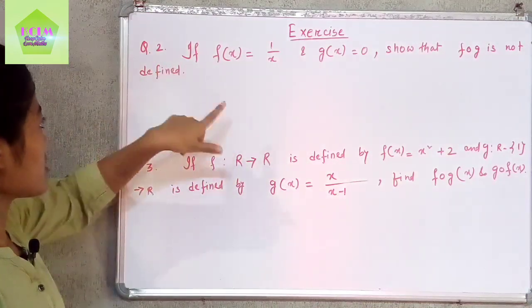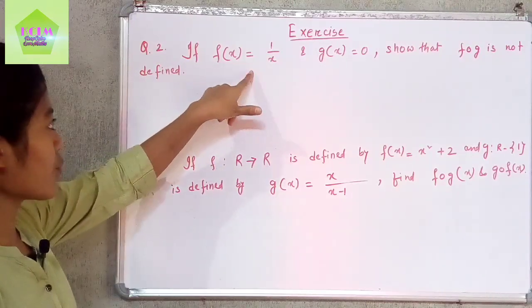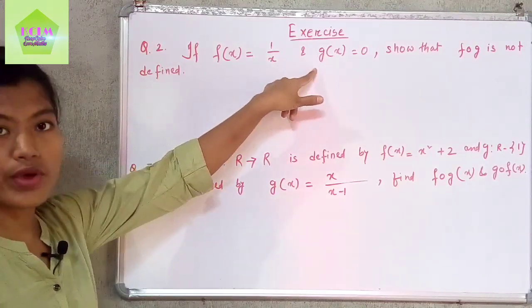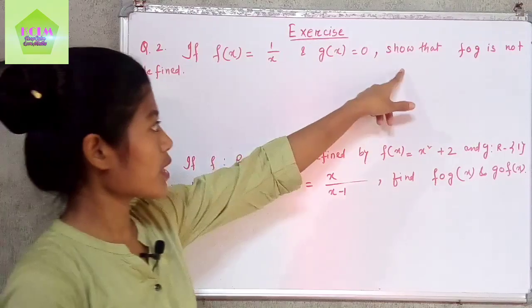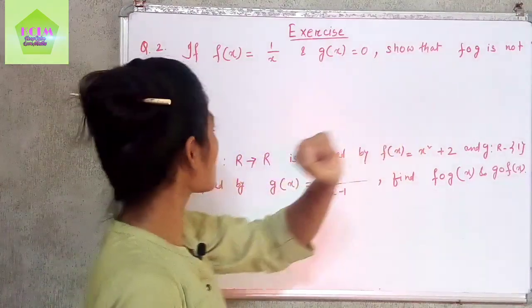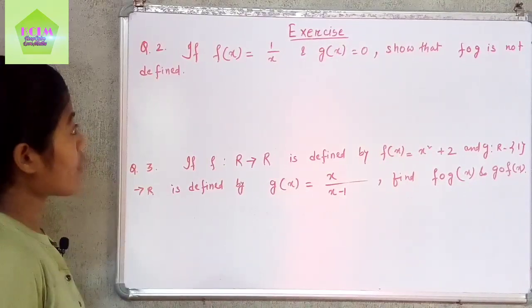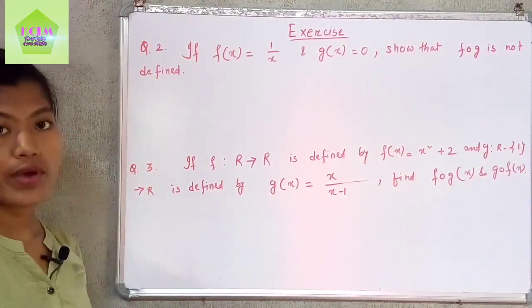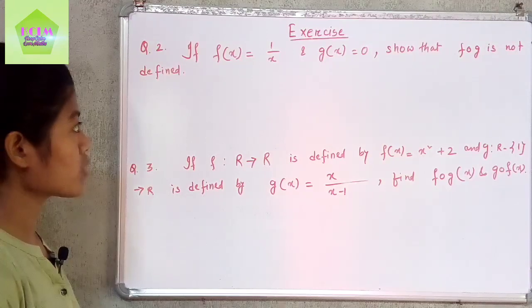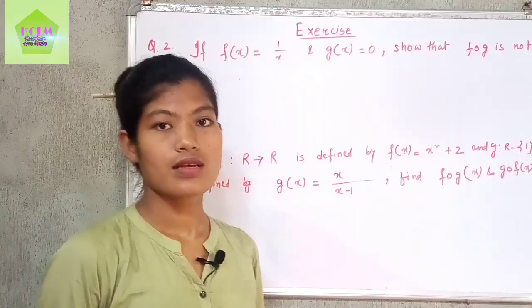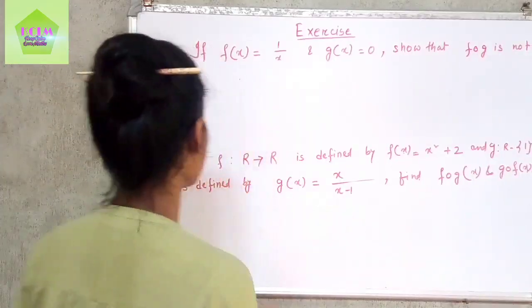Question number 2 is, if f(x) equals 1 by x and g(x) equals 0, then we need to show that f∘g is not defined. So let's go to the solution.